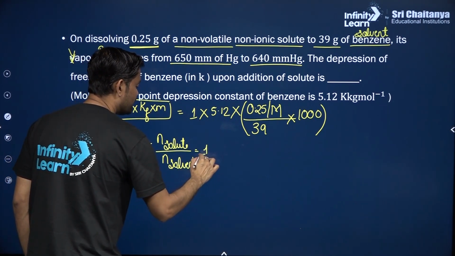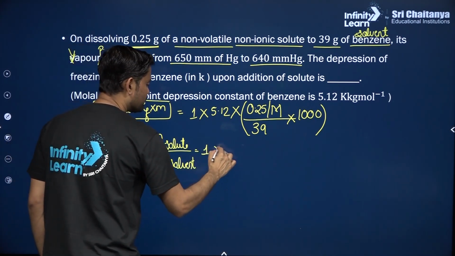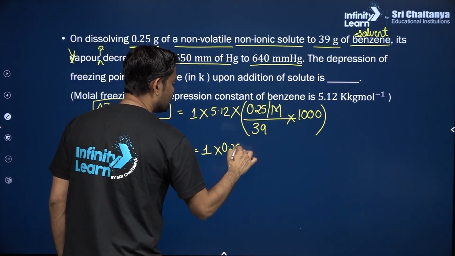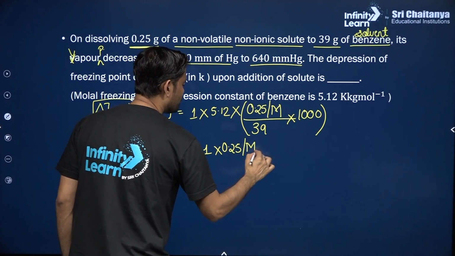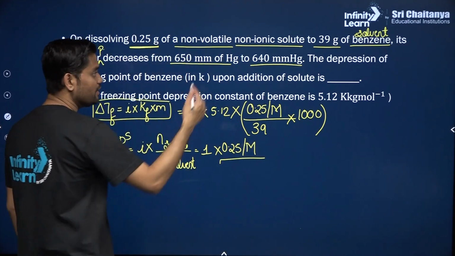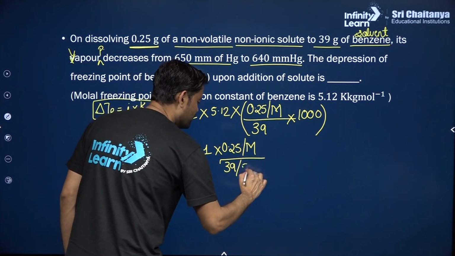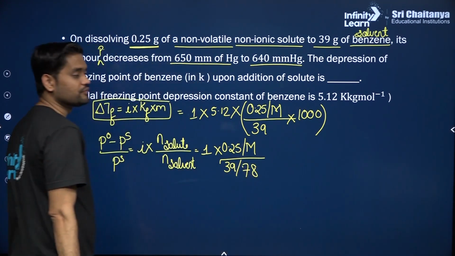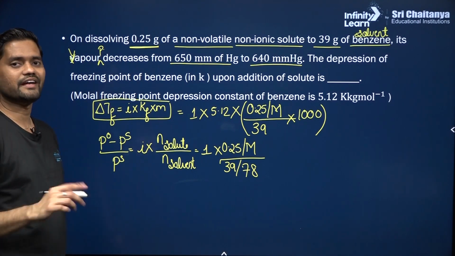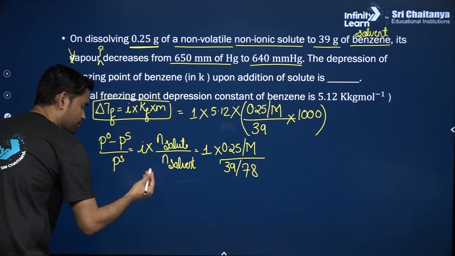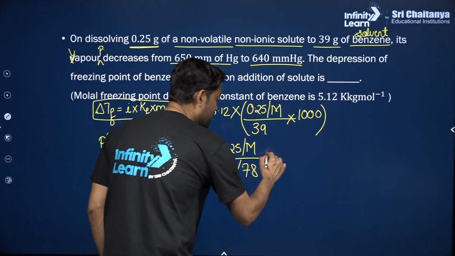So i is 1, weight of solute is 0.25, molecular weight of solute we don't know, whole divided by 39 gram, that is weight of solvent, by molecular weight of solvent, that is benzene, 78. 12 6s are 72 plus 6 hydrogen is 78. P naught is 650.